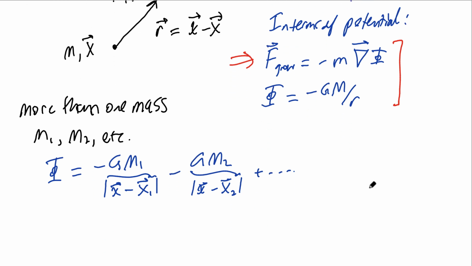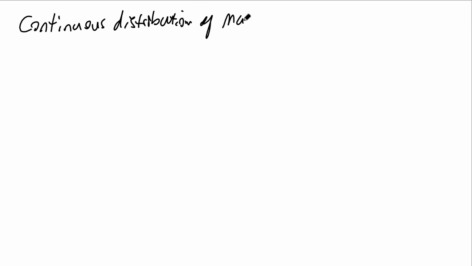Now what if we have a continuous distribution of mass? Well, in this case we replace big M with the mass per unit volume, the mass density, times d3x. So mu is the mass density.